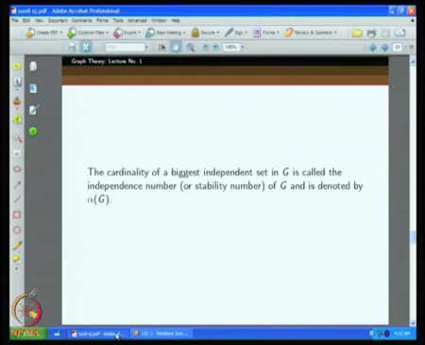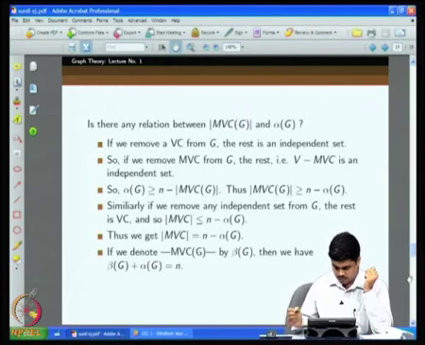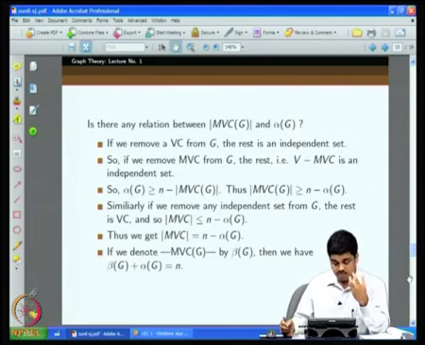To see this, suppose you remove a vertex cover from the graph. What will happen? The remaining vertices that you see are going to be an independent set.